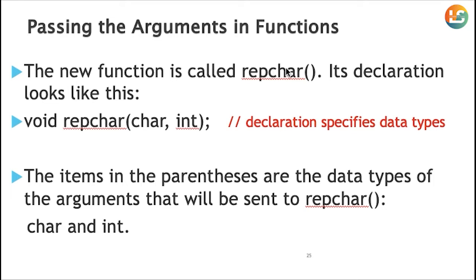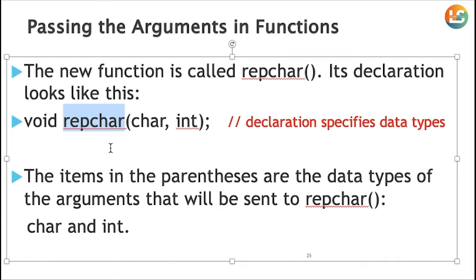Function name, we changed it to repchar, and after that we add brackets, and within those brackets we need to add the arguments or the parameters. As we have already discussed, we have two types of parameters. We need to tell the function which character it needs to print and how many times it needs to print. So the first parameter is going to be char, the character, and the second parameter is going to be the integer number.